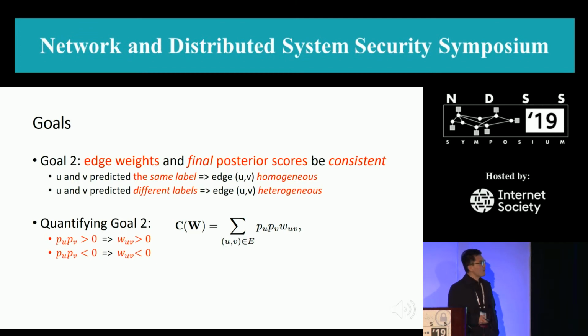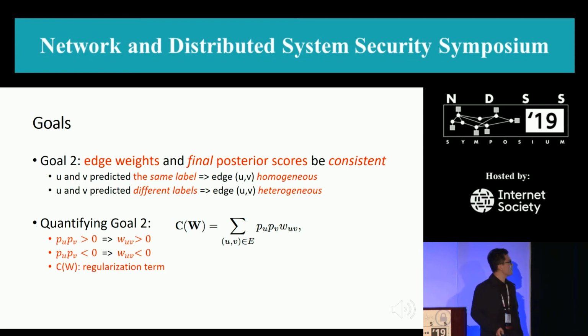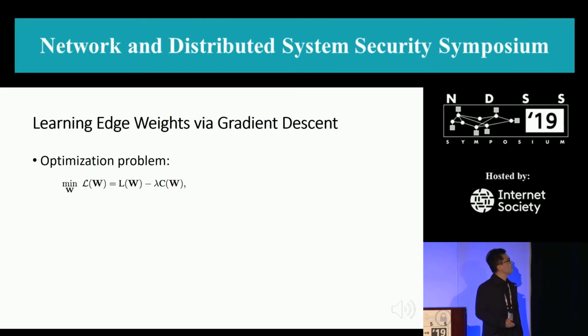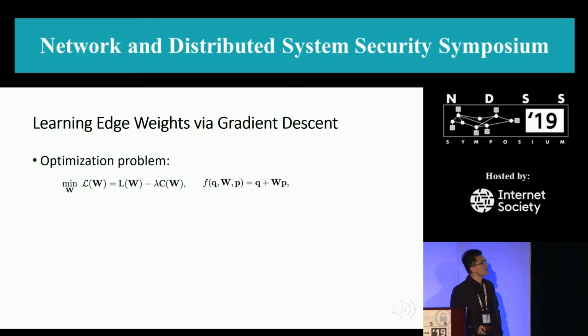Our goal is to maximize C(w). From the machine learning perspective, C(w) is also called the regularization term. Then we have the following optimization problem that tries to minimize this function, with the linear system constraints.